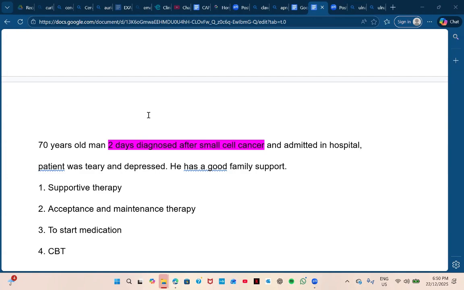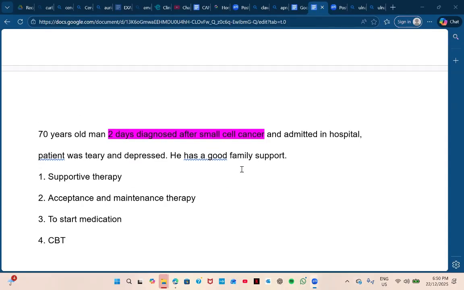What about other doctors? Okay, so yes, these are two types of question.